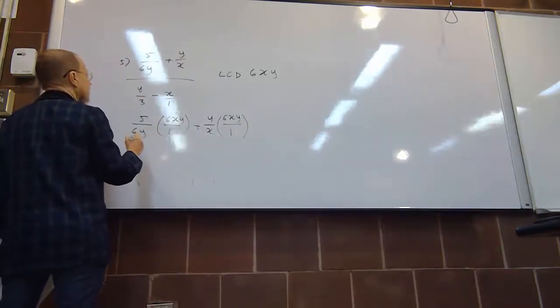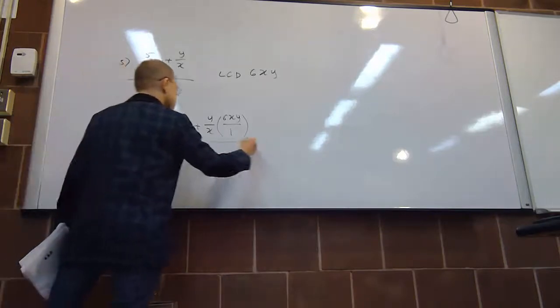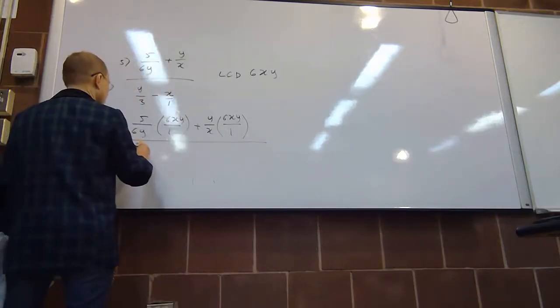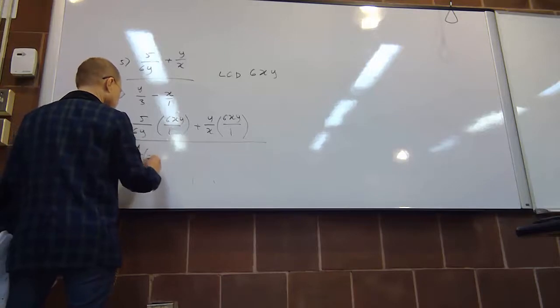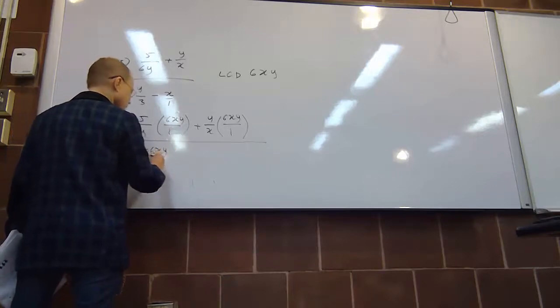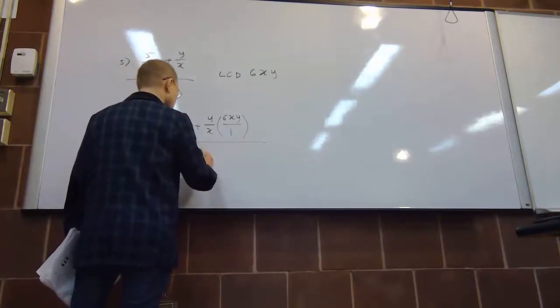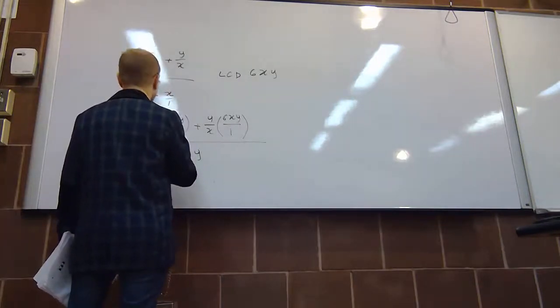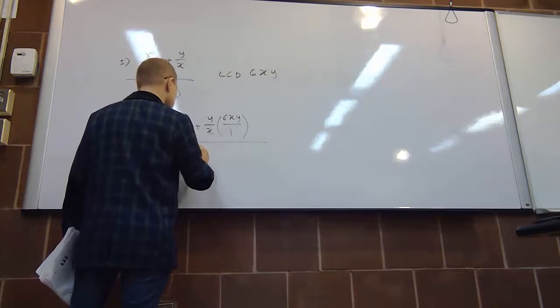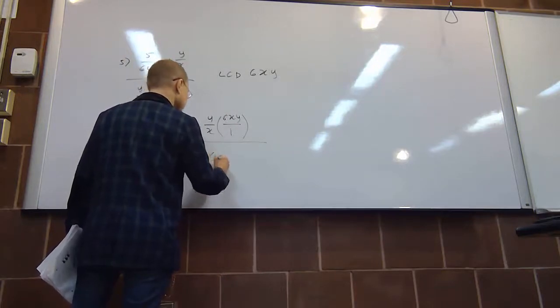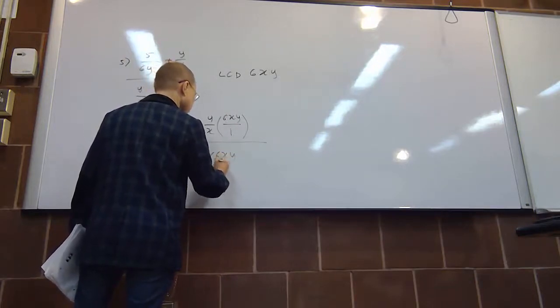And then I continue on. y over 3 times 6xy over 1, minus x over 1 times 6xy over 1.